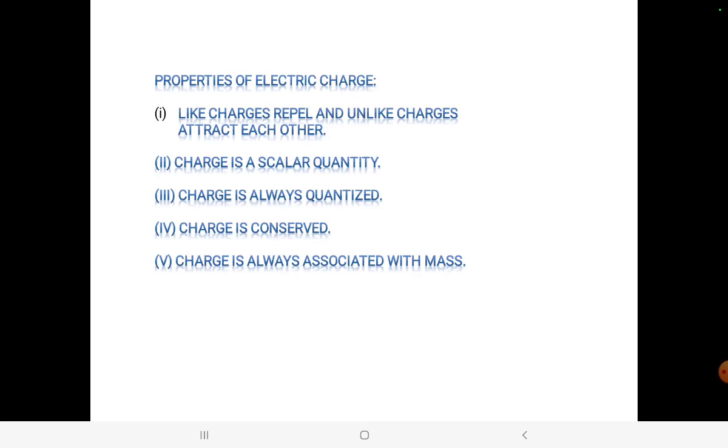Here next one, properties of electrical charge. So what are the properties of this electric charge? Like charges and unlike charges: like charges always repel, we know. If there are some equally strong persons, they are always ready to quarrel with each other.